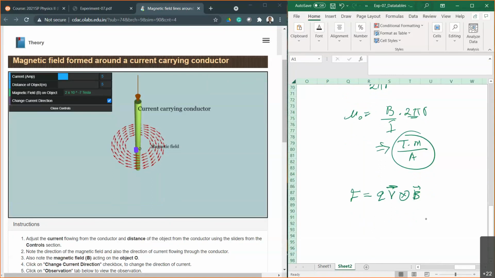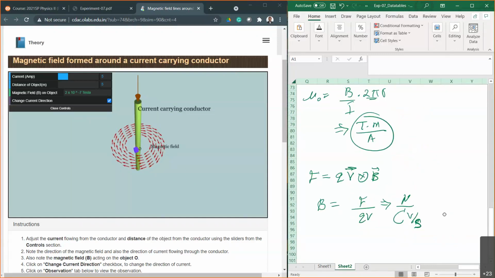So B is equal to F over QV in terms of magnitude only. Then the unit of B is Newton divided by Coulomb, and V is velocity, meter per second, okay? Then meter per second, meter per second, we can reduce a little more. Coulomb per second is amps, and then meters.